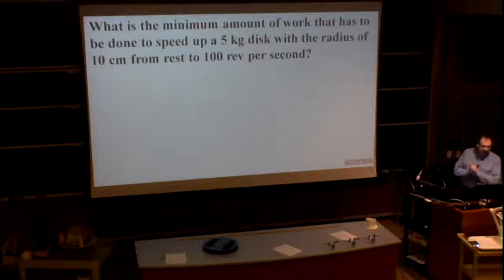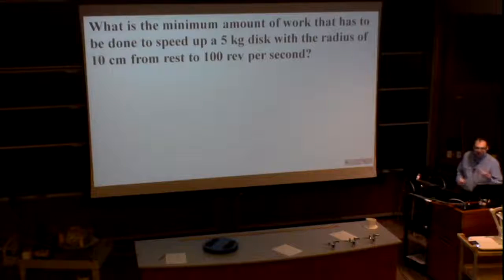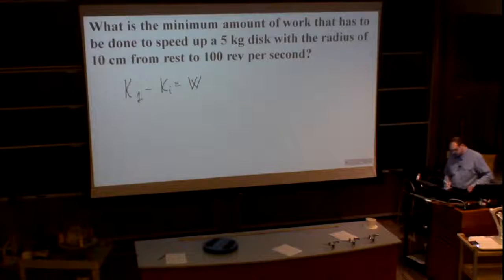What is the minimum amount of work that needs to be done to speed up a disk from rest to a given angular speed? The work-kinetic energy theorem immediately gives the answer. So first, of course, we have to write kinetic final minus kinetic initial equals that amount of work we are looking for.